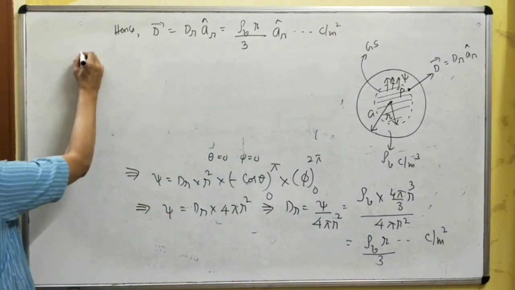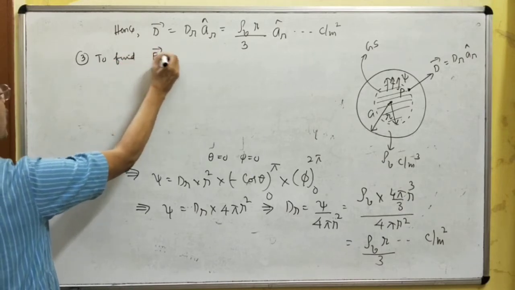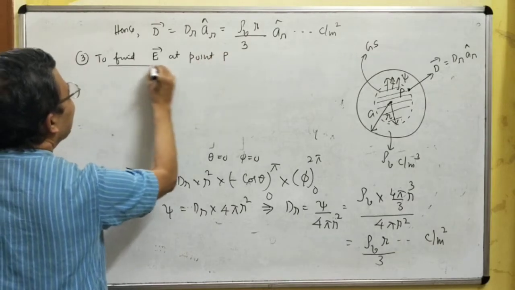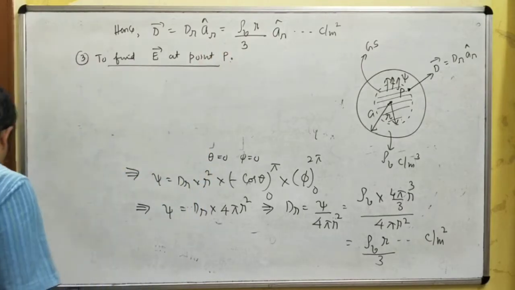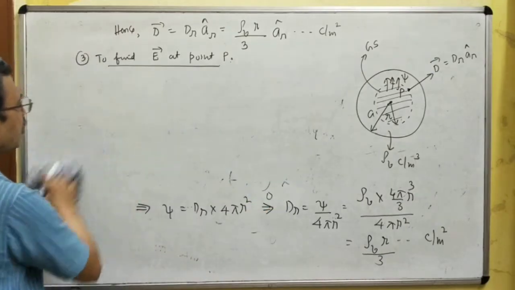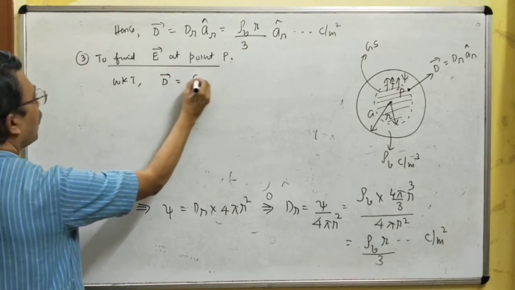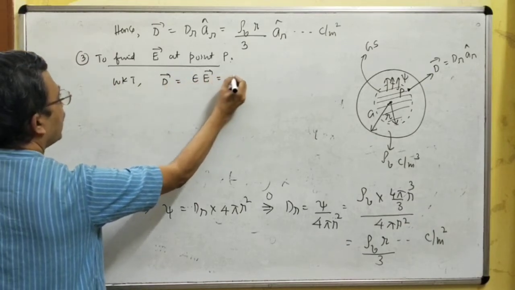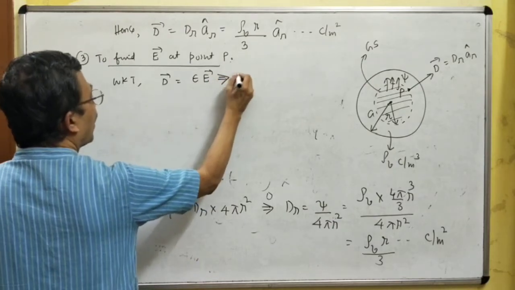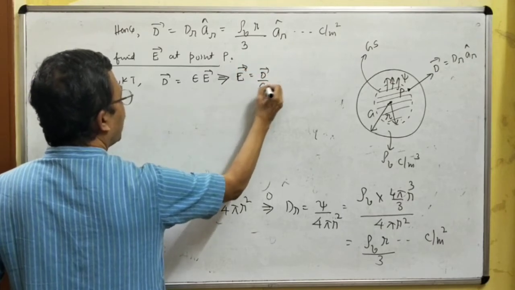Step number 3, to find vector E at point P. We know that vector D is equal to epsilon into vector E. This implies vector E is equal to vector D divided by epsilon.